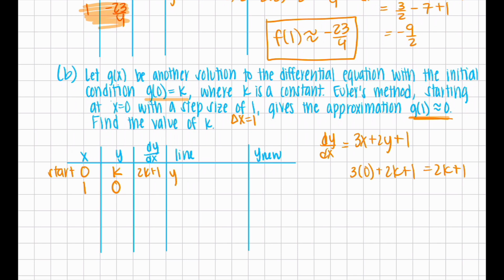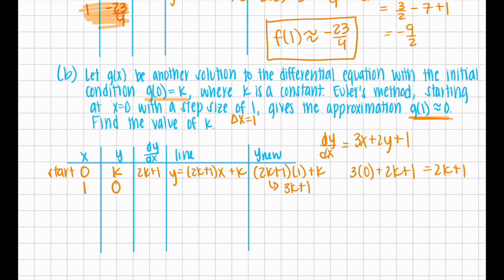That makes our line y equals my slope times x minus 0, which is just x, plus k. And then to get my new y, we would plug in 1 for x. So we would get 2k plus 1 times 1 plus k. And I'm just going to say this equals 2k plus 1 plus k, so that's going to be 3k plus 1.